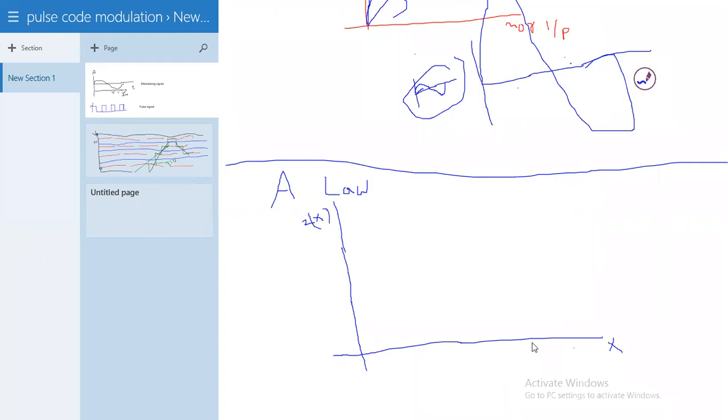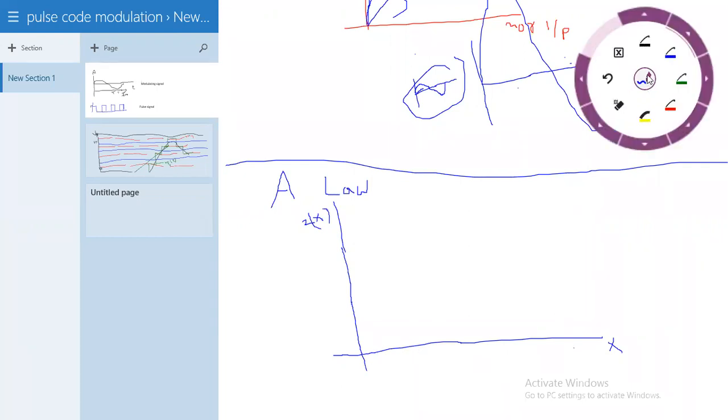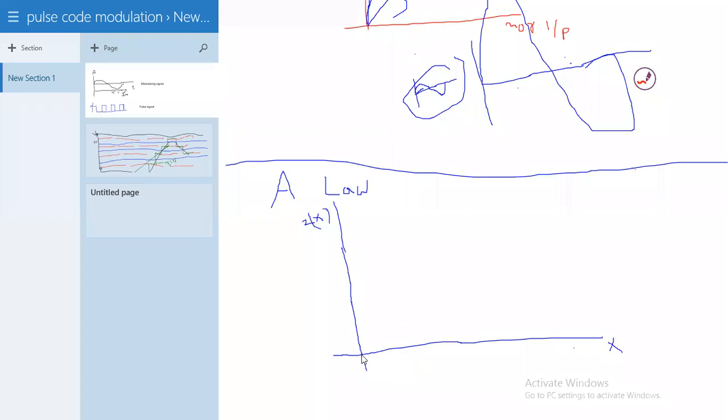For this case also, for z, A is the parameter. If A is 0, the value is linear. That means uniform quantization takes place. Now A equal to 2. This is for A equal to 0.